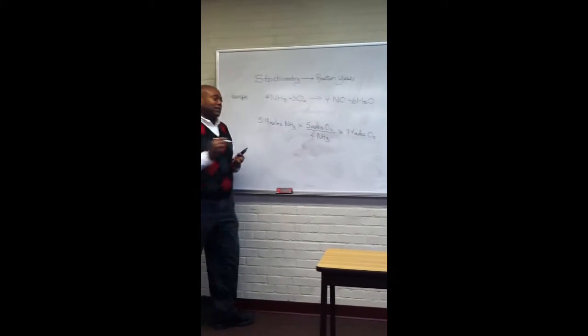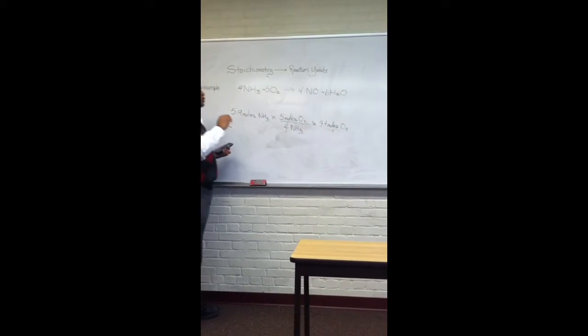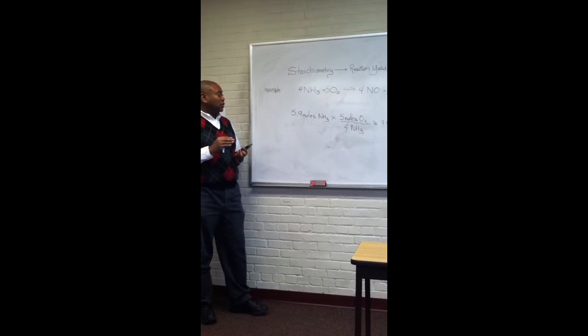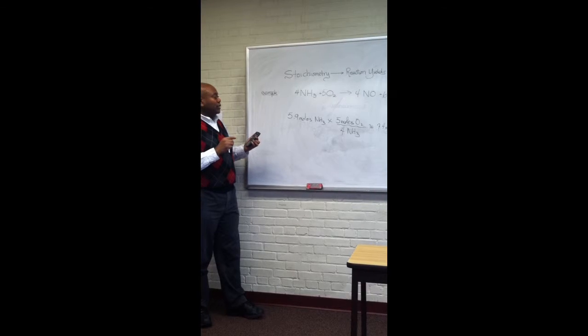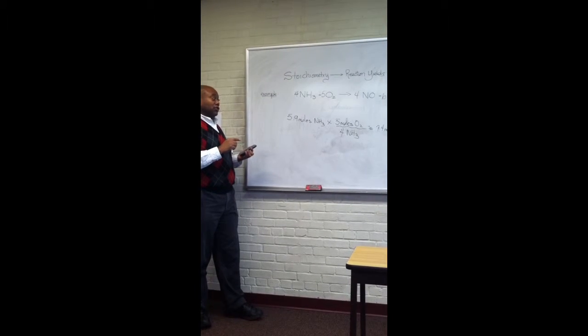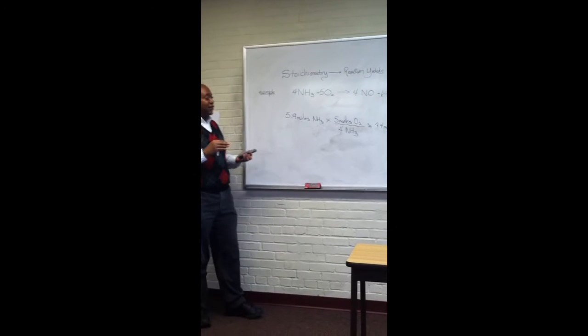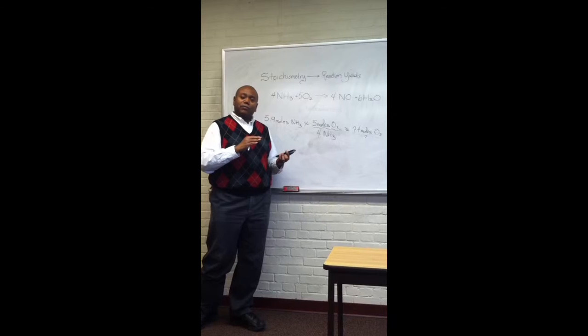Now, what exactly does that mean? Well, what that means is, based on the original starting amounts, if I have 5.9 moles of ammonia, I'm going to need at least 7.4 moles of molecular oxygen to drive this reaction to completion.